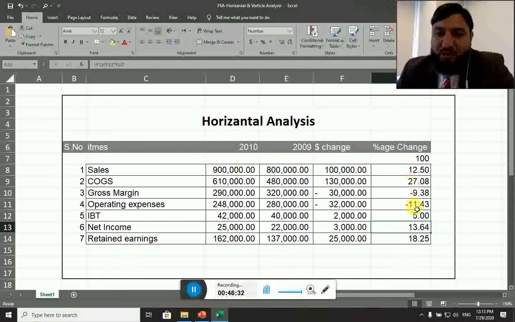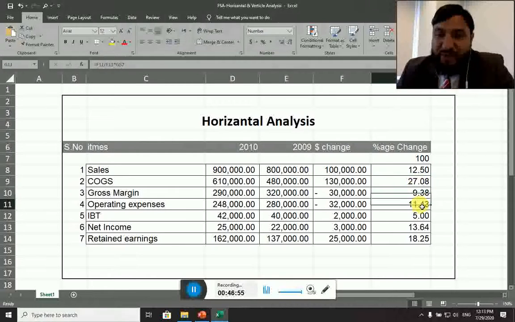If we were not able to control our operating expenses and it was a positive percent change, then the result of the net profit would also be negative. It will show a loss, right? Though there is a profit of 12%, there is still an increase of 27% of cost of goods sold.